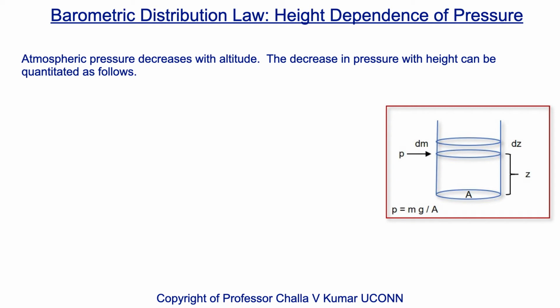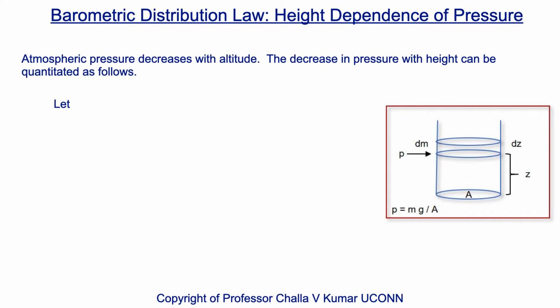Let there be a gas column of certain height and has an area of cross section represented by A. This blue cylinder on your right gives you the column that we are assuming to be present, and we will assume that the bottom of the cylinder is at the surface of the ocean, sea level, and we have certain height z.